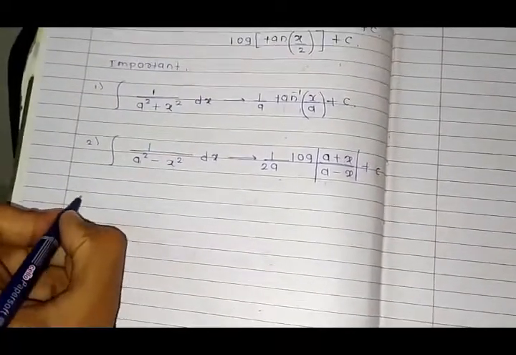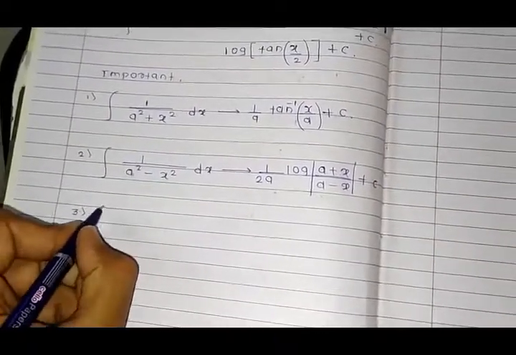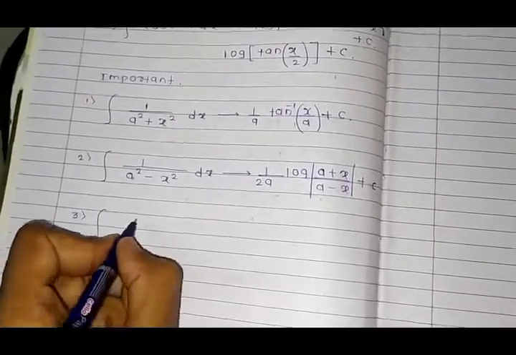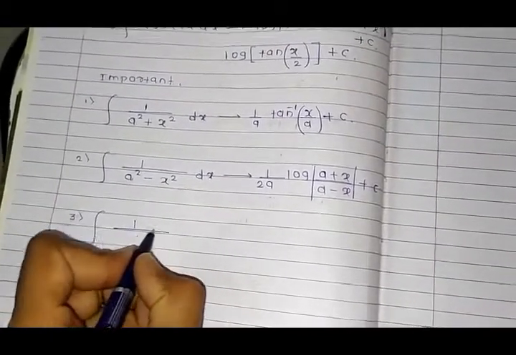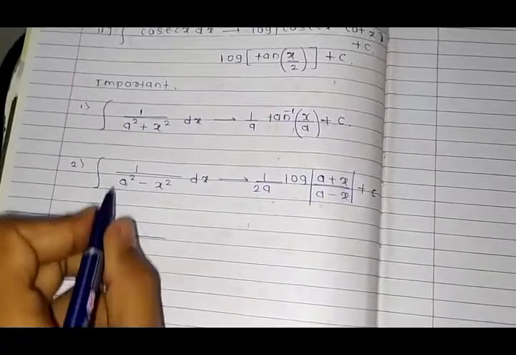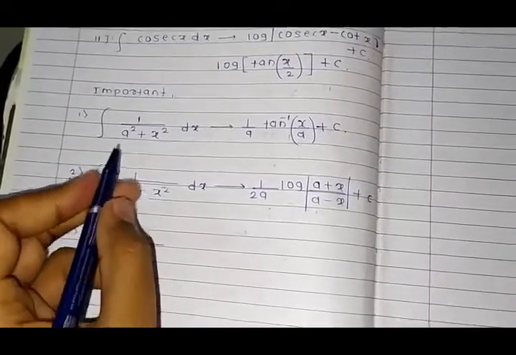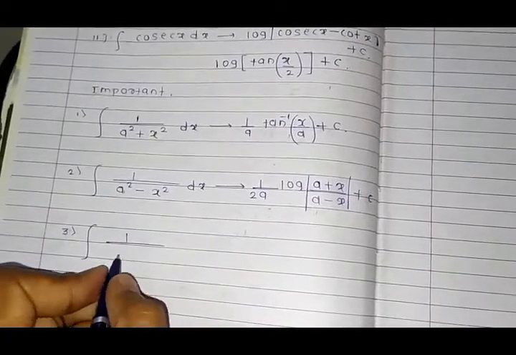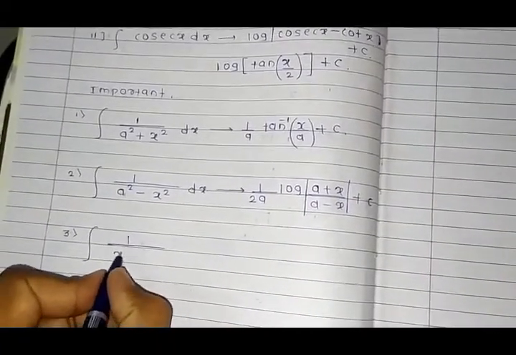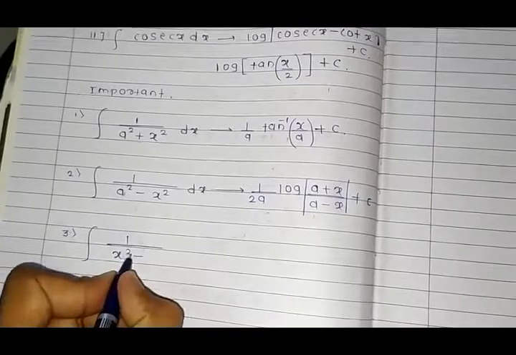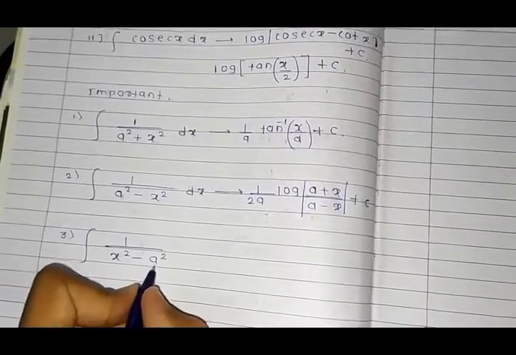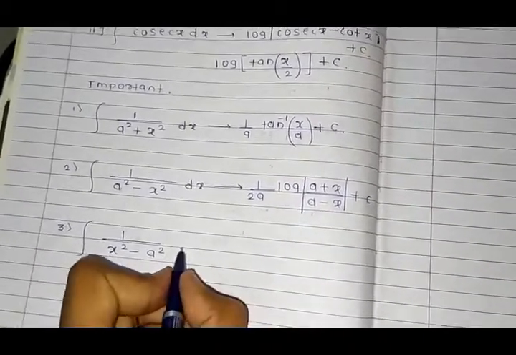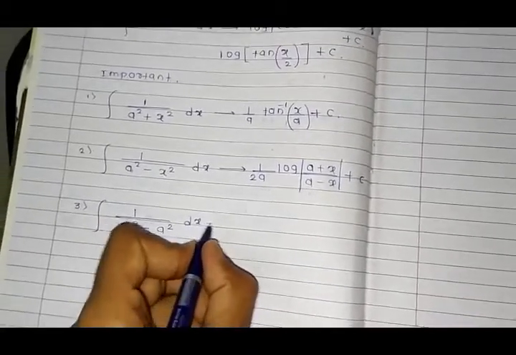Last one, the third. The sign will be changed. In the first two formulas the constant is positive; in this formula it is negative: x square minus a square dx.